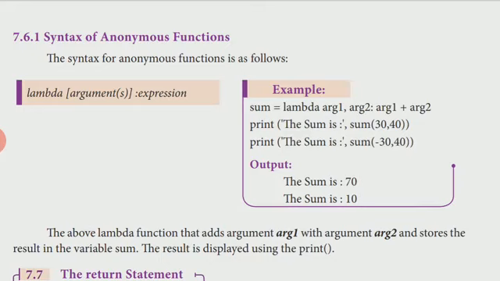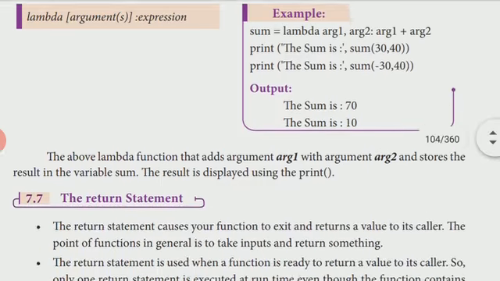The next print statement is print the sum is sum of minus 30 comma 40. Here they gave two arguments, so argument 1 will take 30, argument 2 will take 40. After that the next process is argument 1 plus argument 2. That process will be taken and it will display the answers. This is without a return statement.